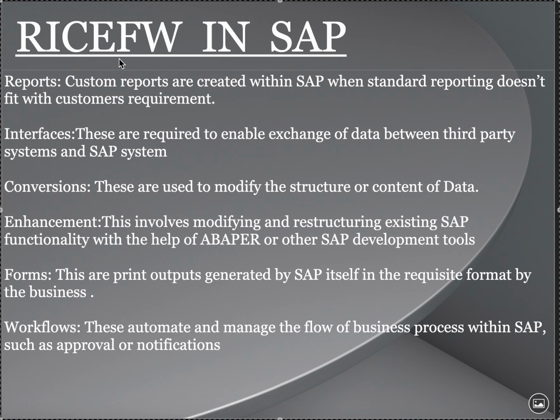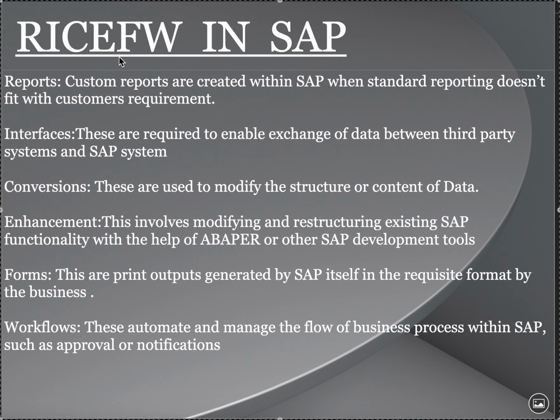When the team is deployed, the functional consultant and the technical ABAP consultant, with their mutual collaboration, deep dive into the requirements of the business, analyze them, and list out how many objects they are going to prepare and implement in the SAP project.